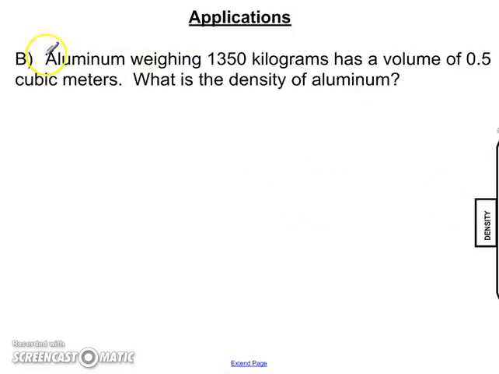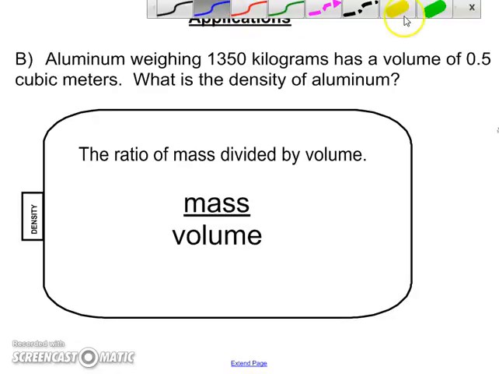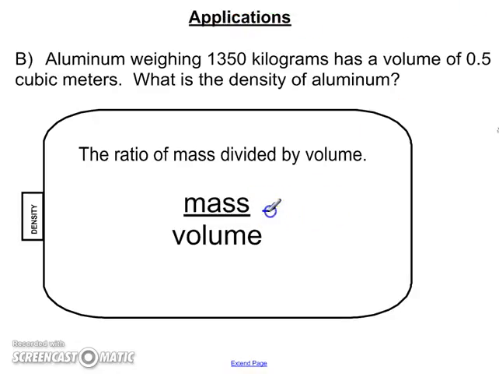All right, let's go do another example. Same thing, we're going to do the density, but in this case we're going to do some aluminum that weighs 1,350 kilograms, and its volume is half a cubic meter. So my mass in this case is 1,350 kilograms. My volume is a half cubic meter.